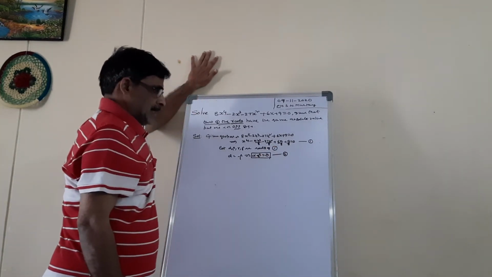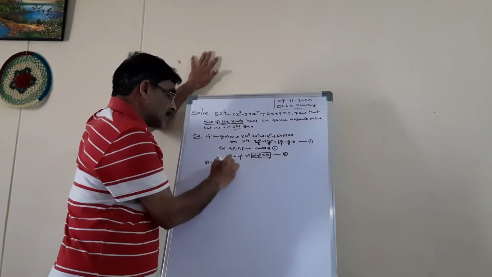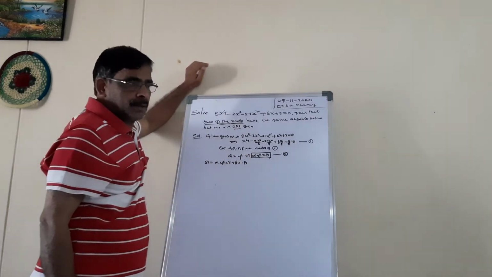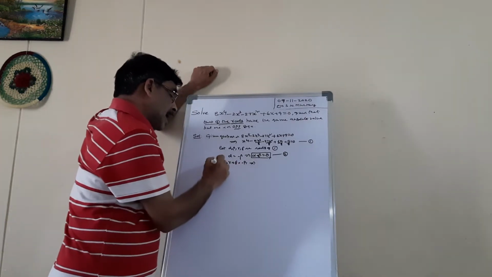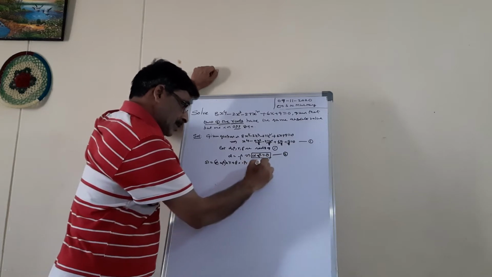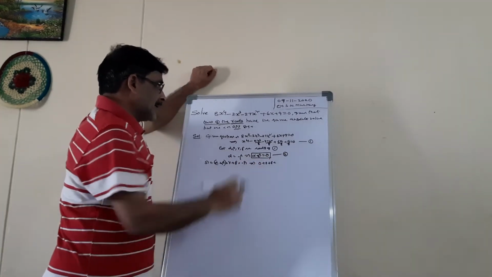Next, we know S1 equal to alpha plus beta plus gamma plus delta, which is equal to minus P1. That is the general formula. Here, in our problem, alpha plus beta equal to 0. It means 0 plus gamma plus delta equal to minus P1.